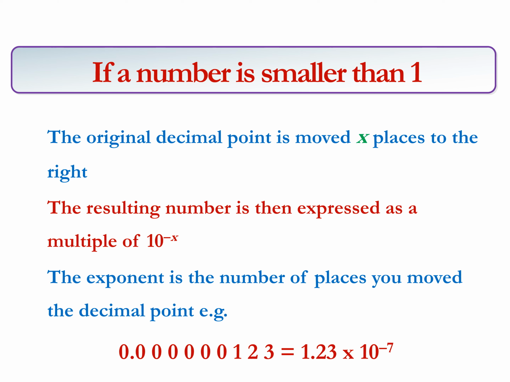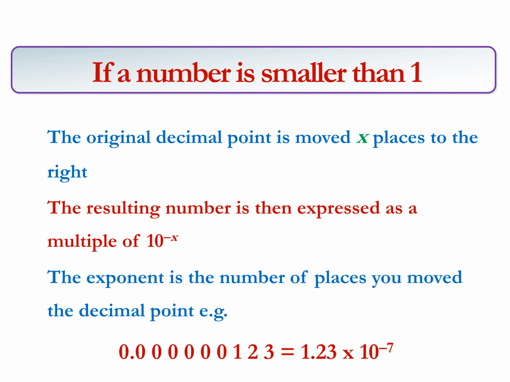If a number is smaller than 1, the original decimal point is moved x places to the right. The resulting number is then expressed as a multiple of 10 to power minus x. The exponent is the number of places you moved the decimal point.